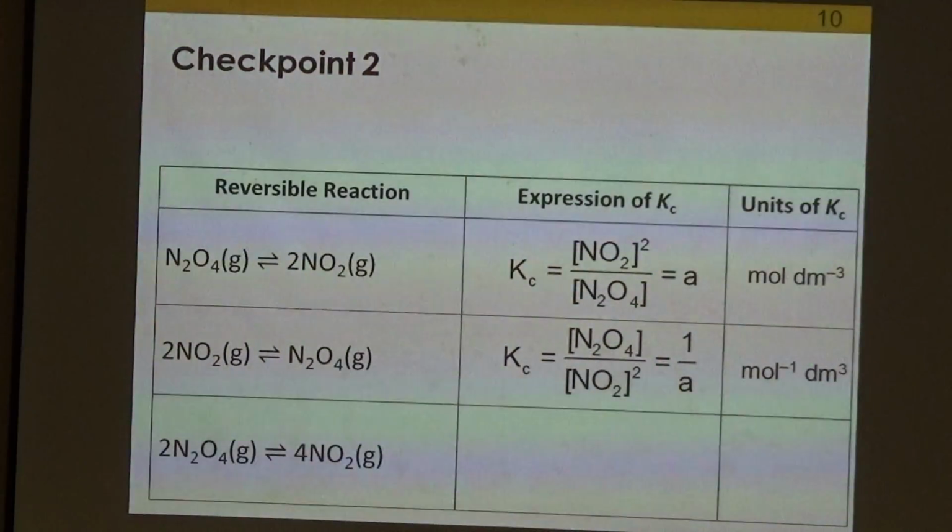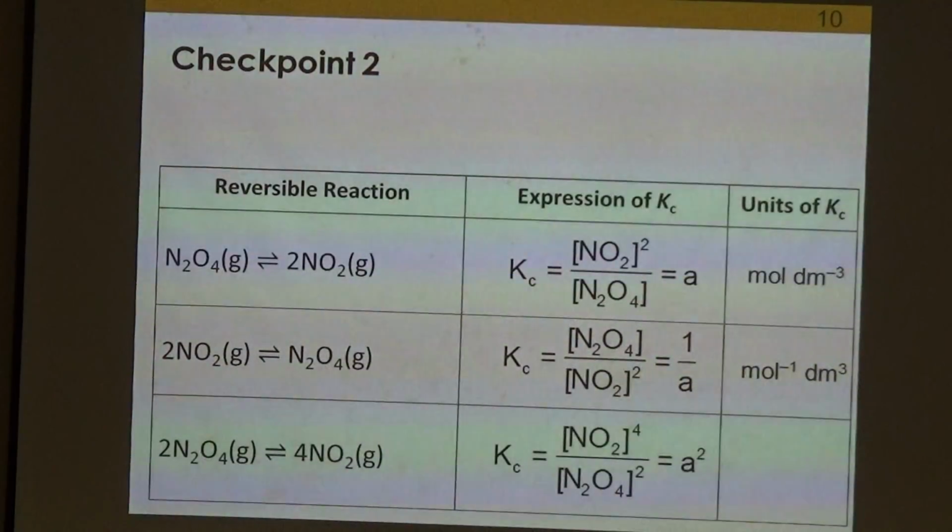It's probably good to remember for MCQ. So, N2O4 to NO2, you get Kc equals A, where A is just a random constant that we take. Then if you write it the other way around, NO2 to N2O4, the Kc will be 1 over A.